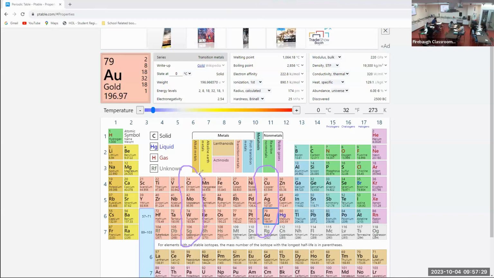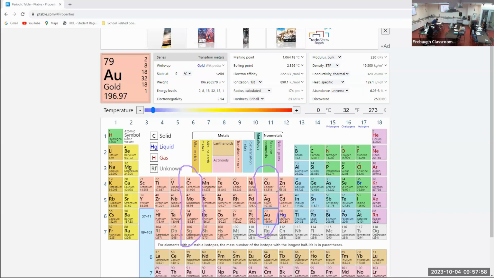Now, these guys are going to try to be as stable as they could possibly be. So what they'll do is steal one of the electrons from the s orbital so that they can either have 5 electrons in the d orbital, because 5 electrons is better than having 4, right? Or having 10 electrons in the d orbital, right?